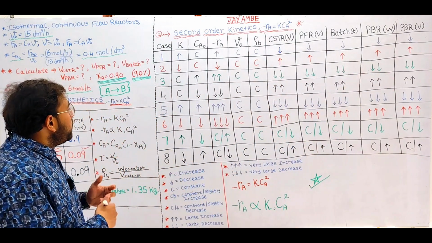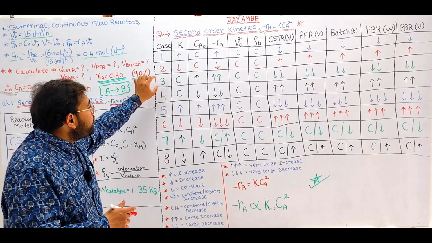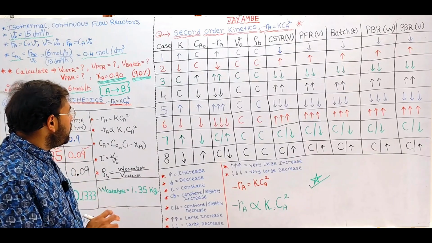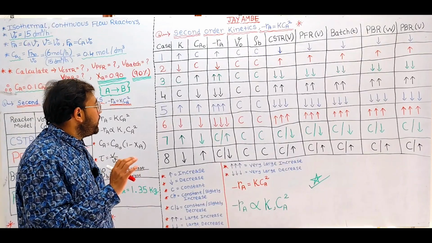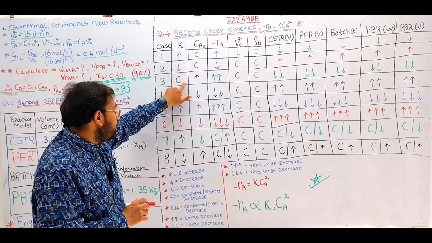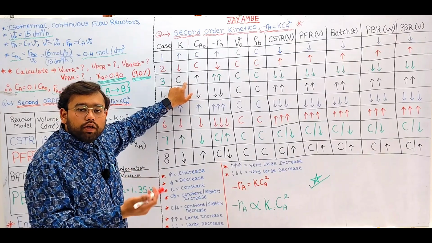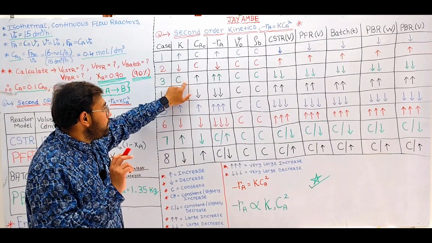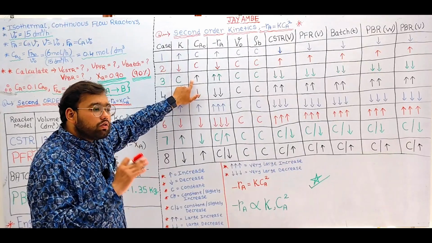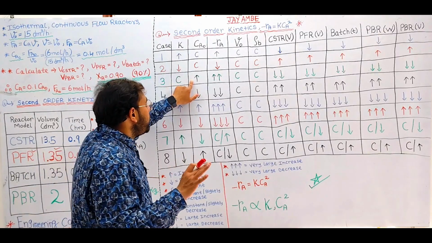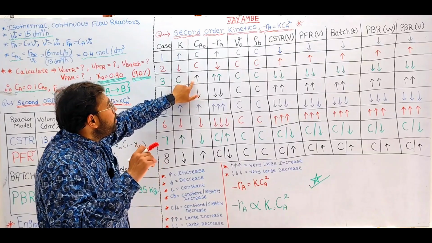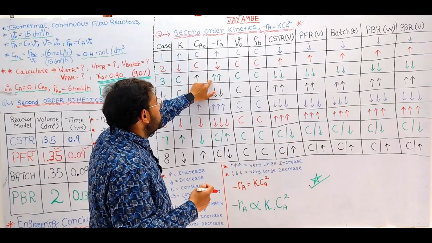Now we'll understand the engineering interpretation for the third case, right? This type of phenomenon is observed when the temperature of the reaction environment is kept constant, which results in a constant rate constant. And we are slightly increasing the concentration of the reactants in the reaction environment, which results in a multiple increase in the speed of the reaction, right?